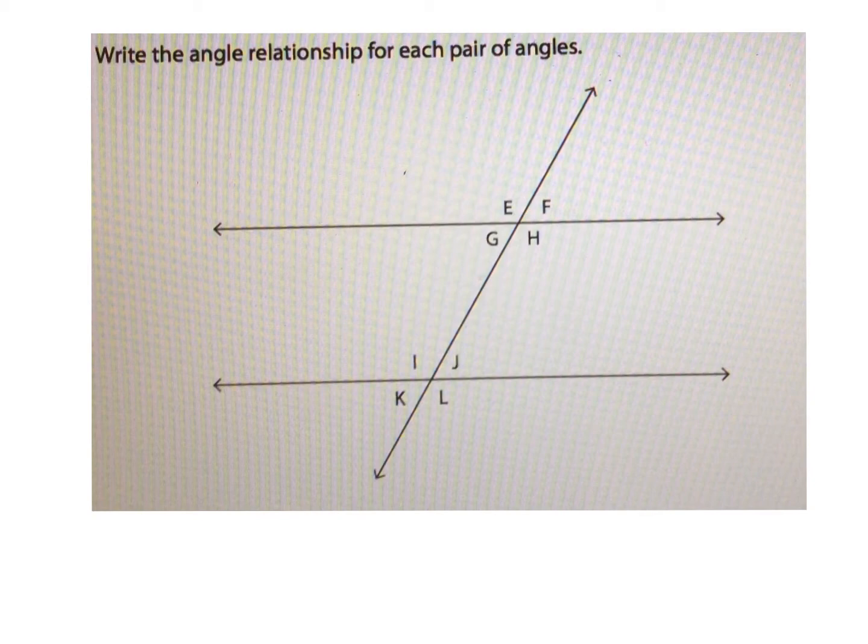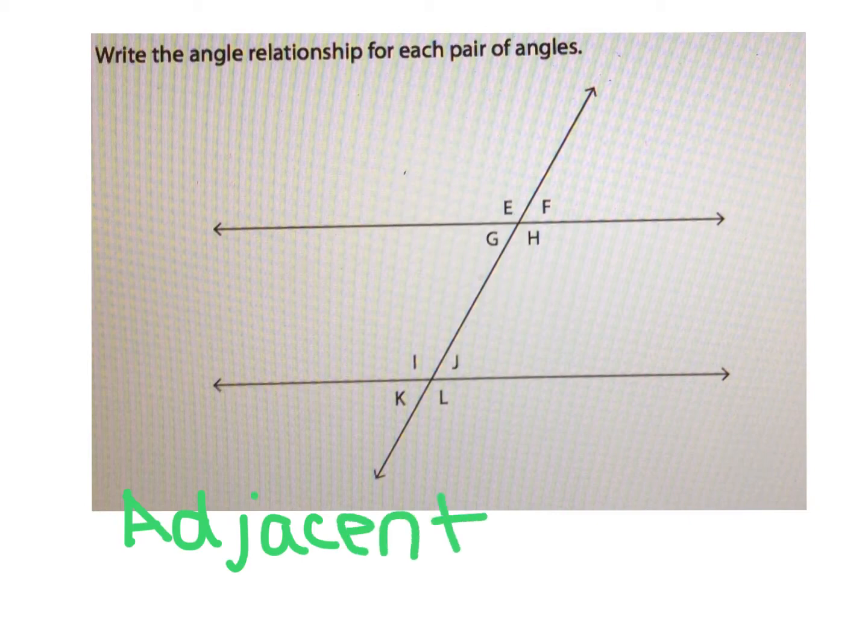Alright, so we're going to add some new vocabulary terms. And the first one I'm going to add is the word adjacent. Adjacent means that they're the angles next to each other. They share a common side.